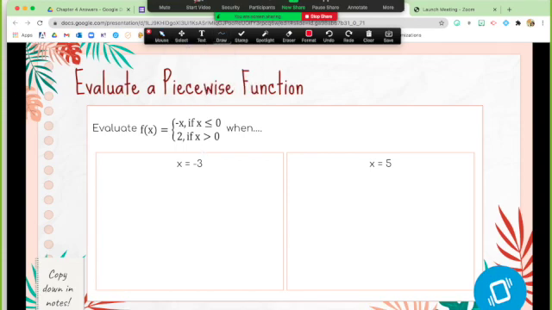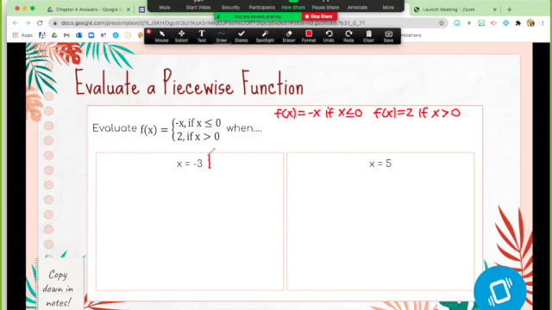So what I like to do first is separate the linear equations that are being shown in the statement. Right here we have f of x equals negative x if x is less than or equal to 0. And the other statement that's being given to us is f of x equals 2 if x is greater than 0.